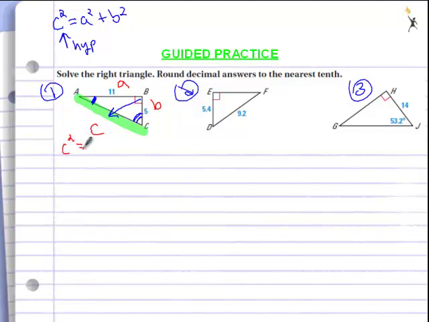C squared equals A squared plus B squared. Now if I simplify this, 11 squared is 121. 5 squared is 25. I get C squared to be 146.